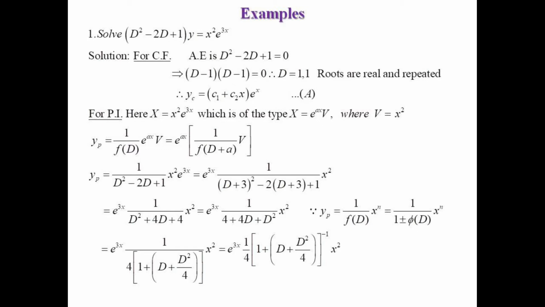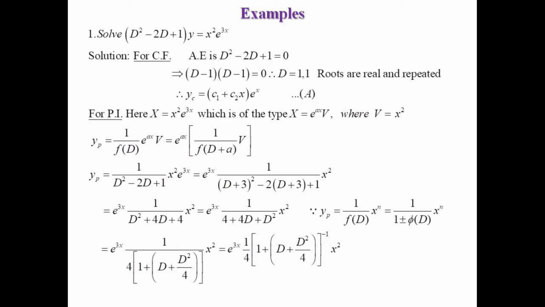Take the term e^(3x) first as it is, then 1 upon, since e^(ax) is e^(3x), a equals 3, so replace D by D + 3. We get the denominator as (D + 3)^2 - 2(D + 3) + 1, into x^2.